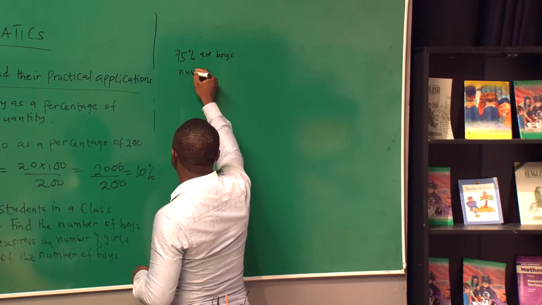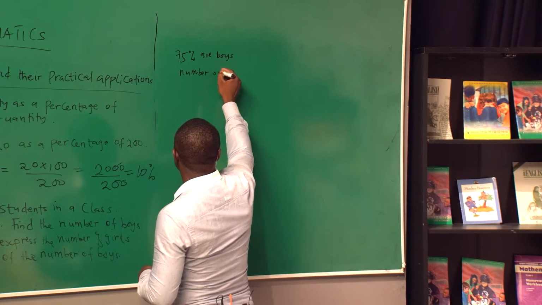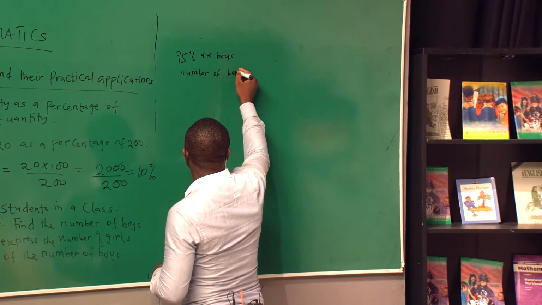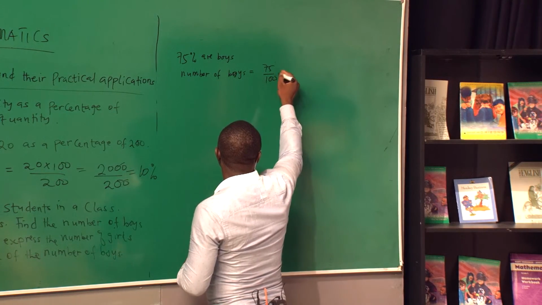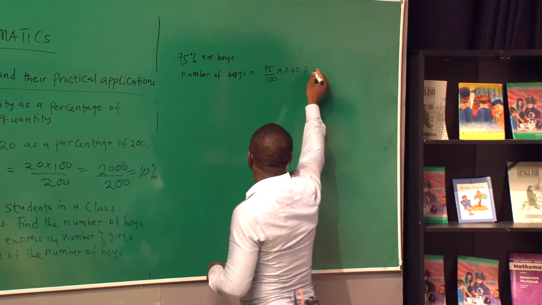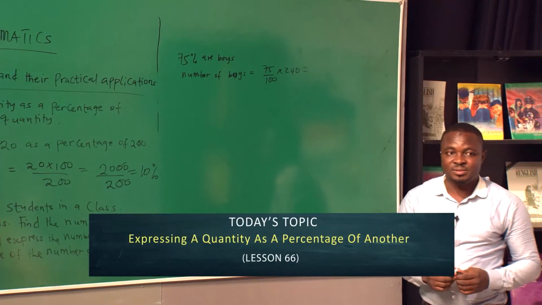So you find the number of boys. What is 75 over 100 in fraction?